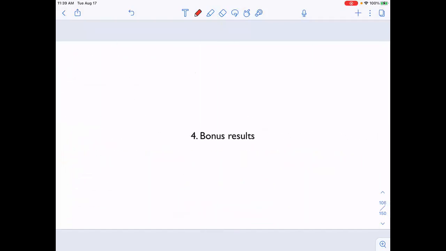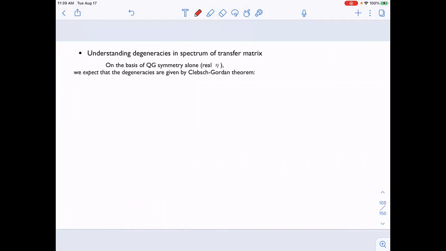Okay, so there are a few bonus results that now we can get without any effort. The first thing is that we can now understand the degeneracies in the spectrum of this model. This is related to the comment that Hubert made a few minutes ago.